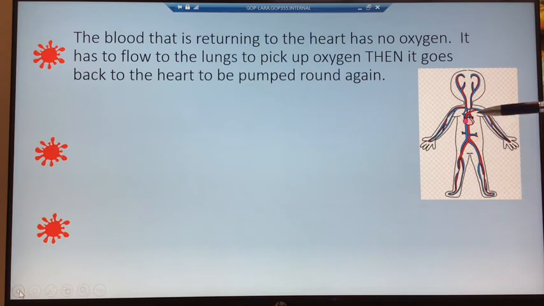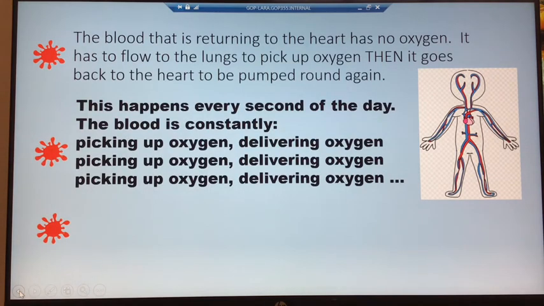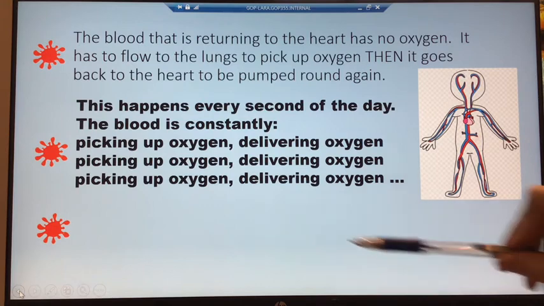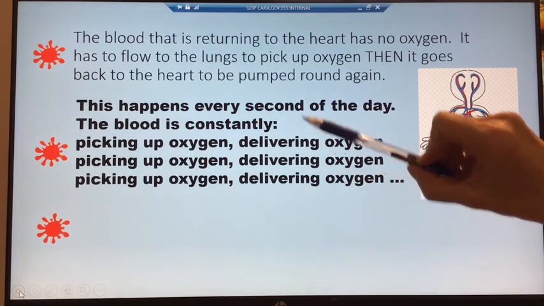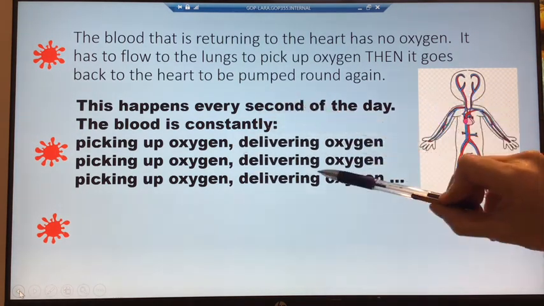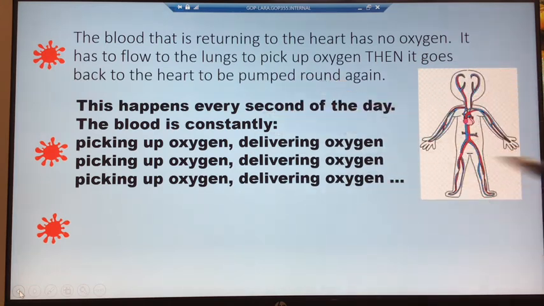So blood with no oxygen goes to the heart, it then goes to the lungs, picks up oxygen, goes back to the heart and is pumped around. This happens every second of the day. The blood is constantly picking up oxygen, delivering oxygen, picking up oxygen, delivering oxygen. And the only reason it's able to move around the body and do this is because the heart pumps it round.